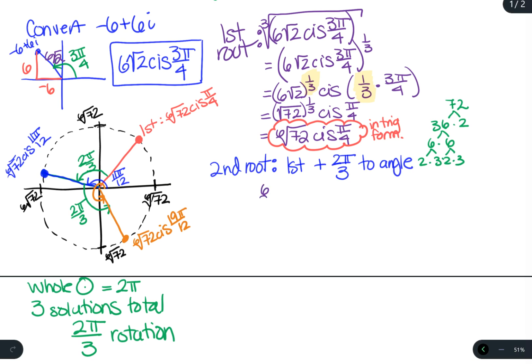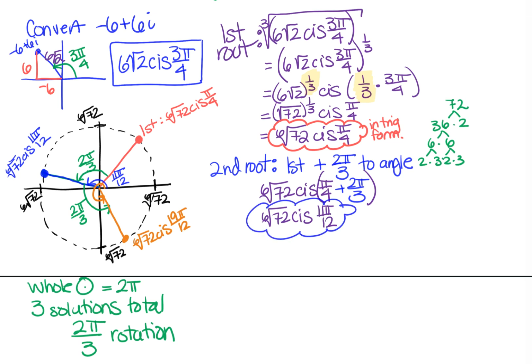My first root is 6th root of 72 cis pi over 4, and to the angle I'm going to add 2 pi over 3. And that's going to give me my algebraic representation, 6th root of 72 cis 11 pi over 12. And there we have our second answer.